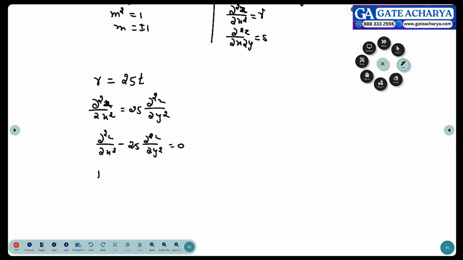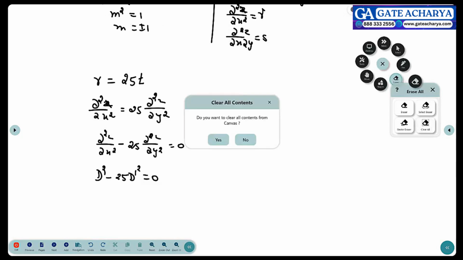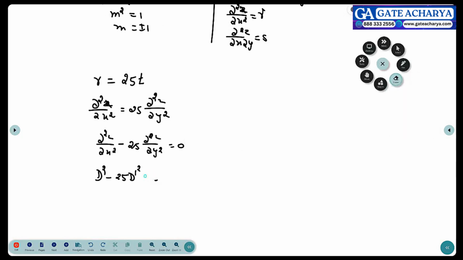So we will convert it to (D square minus 25 D dash square) of z is equal to 0.